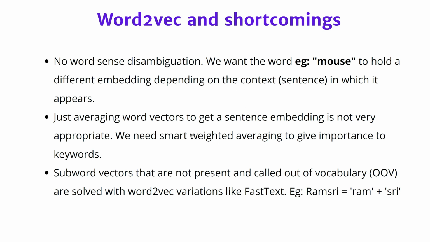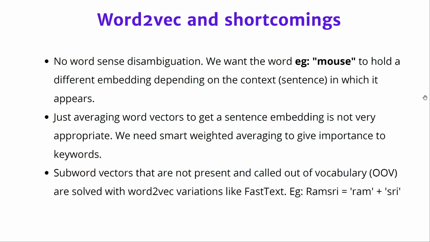And the other thing to remember is that if you just take the plain Word2vec algorithm, if a certain keyword is not there in the dictionary lookup, that is the vocabulary created after the Word2vec algorithm, then that word is completely ignored. What I mean by that is, let's say you have a sentence like Ramsri is going to college.